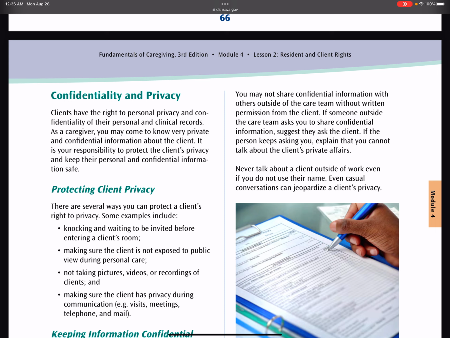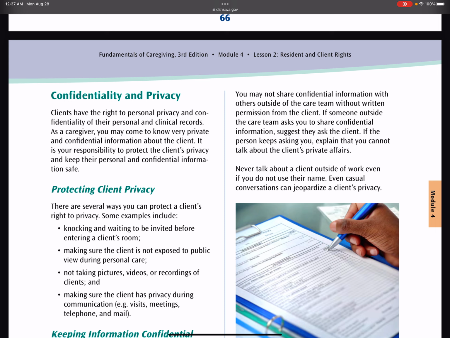When we have to be confidential about client records, we're not supposed to gossip or discuss anything in a public area where others may overhear.